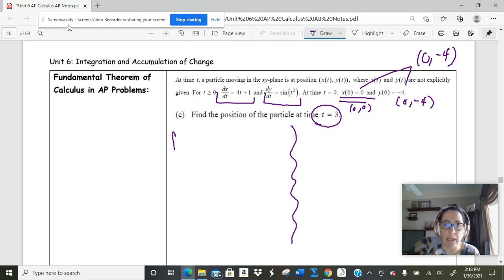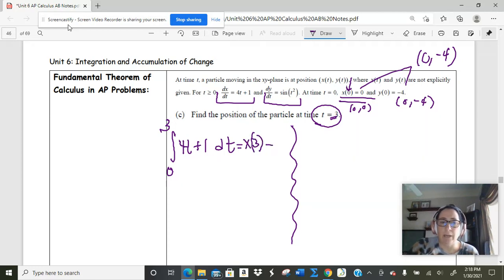So I'm going to start with the x. I'm going to put the derivative here in the middle. I'm going to use the value that I already know of the time and the time that I am trying to find, and set it up with my formula. This is the x of the output of 3 minus the x of the output of 0. Then we're either going to do this by hand or in the calculator. You pick.